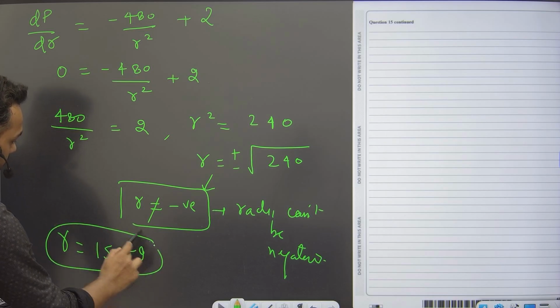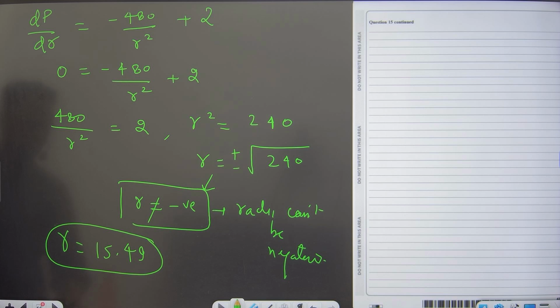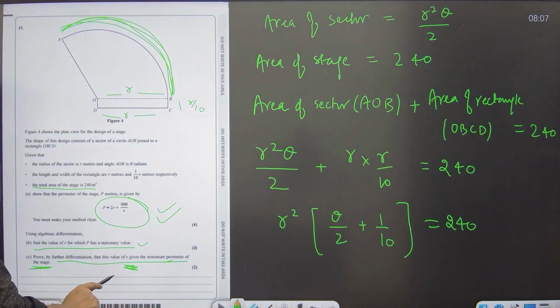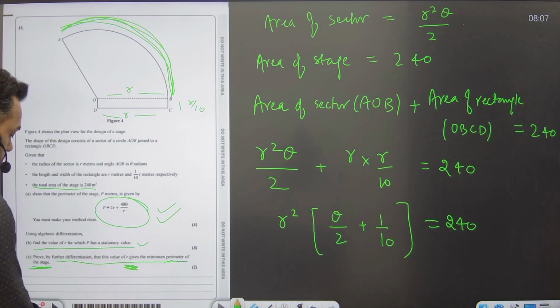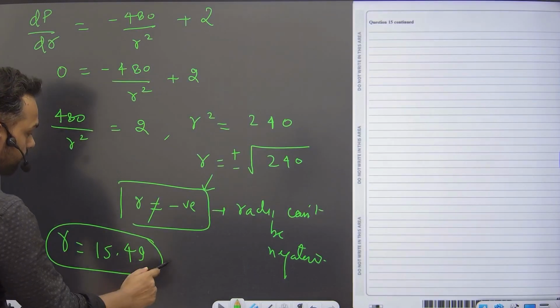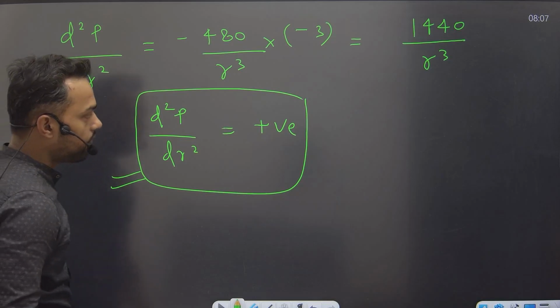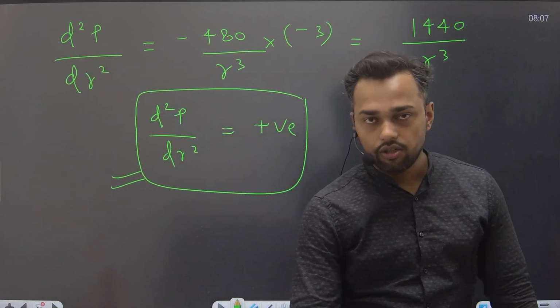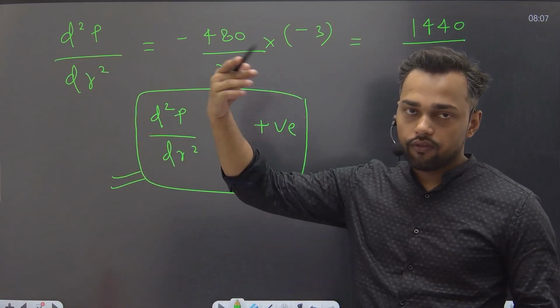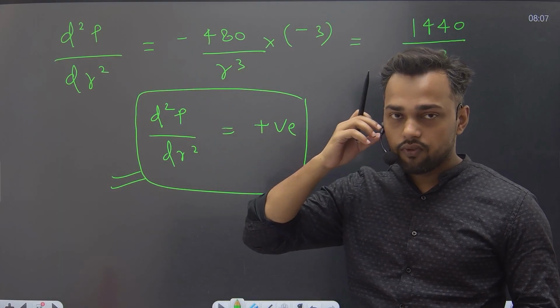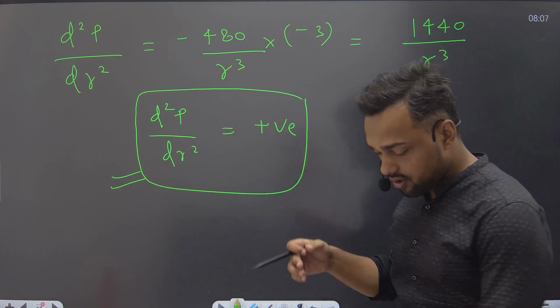So when r is equal to 15.49, on further differentiation we have proved that this is the minimum perimeter of this stage, because by the second order differentiation we have got a positive value. For positive it will be a minimum value, and for negative it will be a maximum value. This is the second order derivative, students.